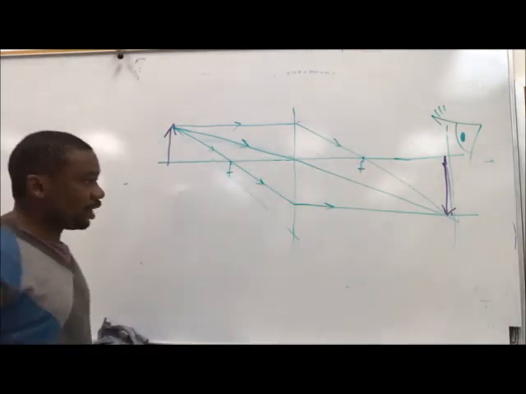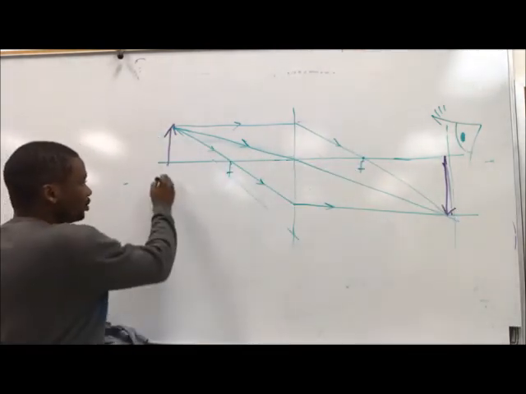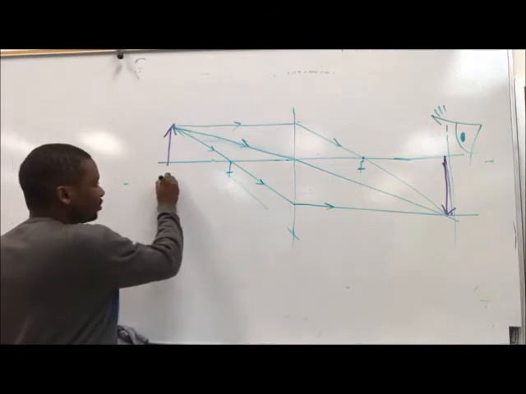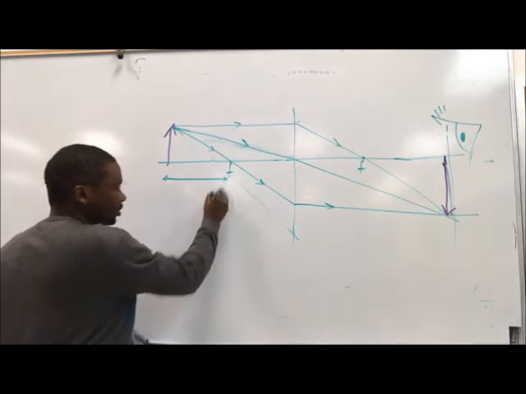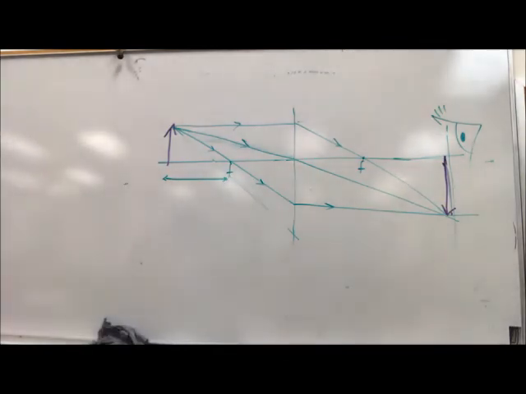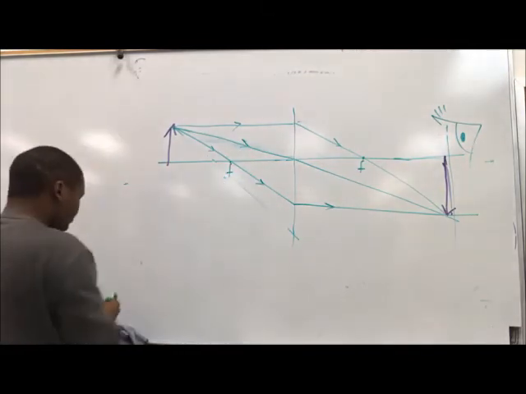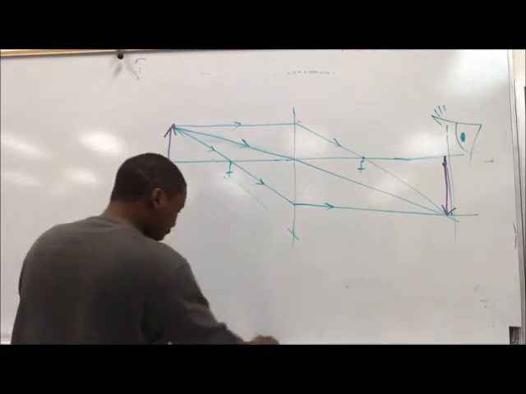In order to find the focal point, a couple of things. You need to find the distance from the object to the lens. Let me use red.